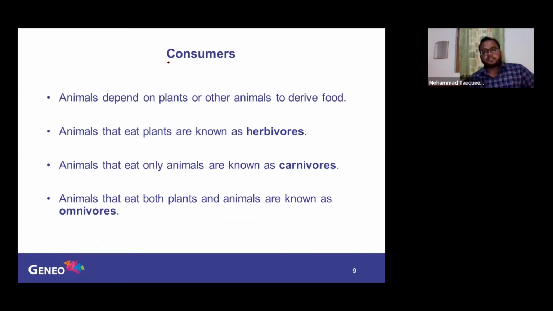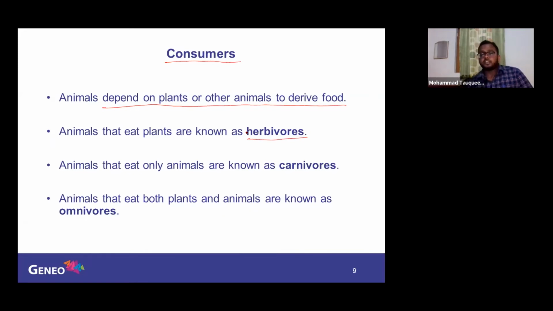As in the previous slide, I have told you, consumers depend on plants or other animals to derive their food. Consumers are those animals that depend on plants or other animals to derive food. The consumers are divided into three parts. First one is herbivores.